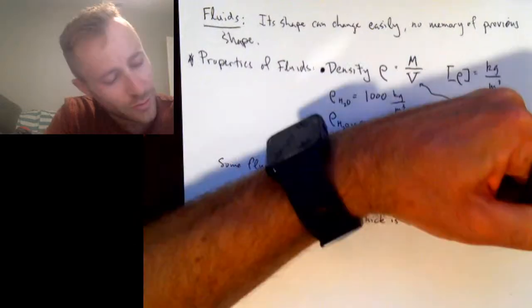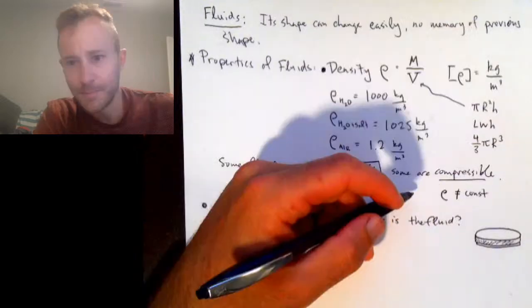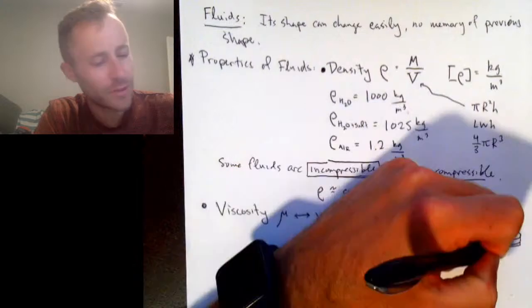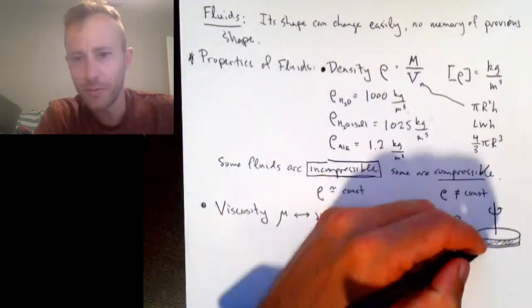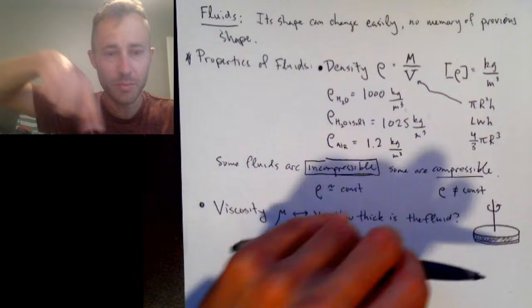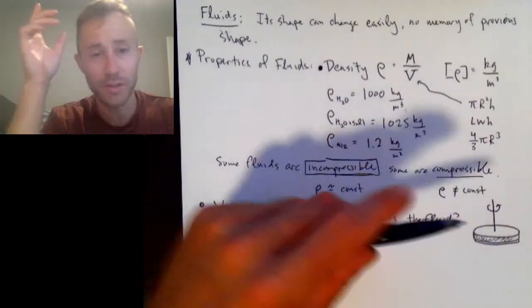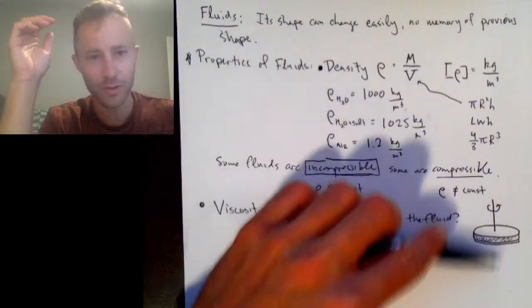You keep the bottom disc fixed in place, and then you take the top disc and you spin it. So you have this layer of fluid in between, and the bottom of the fluid is not moving, but the top of the fluid is moving, because it's moving with the spinning disc. And so the viscosity is related to how much effort it takes to spin one disc on top of another with a fluid in between.